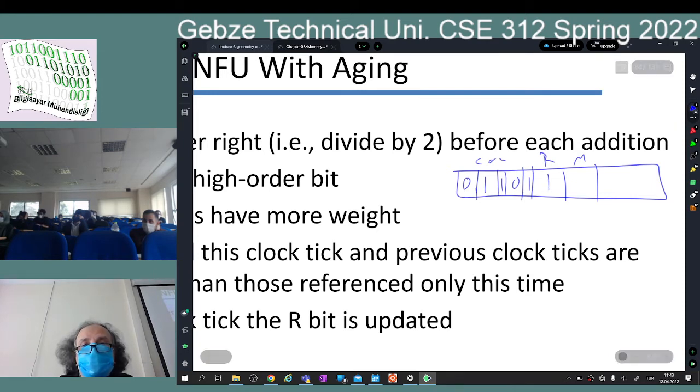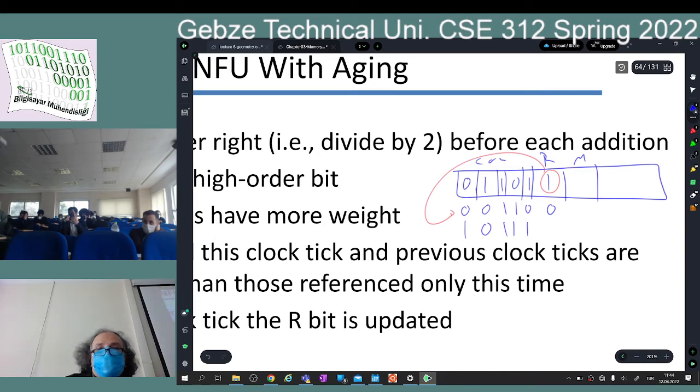So what I'm doing is shifting this counter to the right, so it will be 0 0 1 1 0, and clear the R bit, but put this R bit in this location. So my new value will be 1 0 1 1 0. Sorry, 1 0 1 1 0.